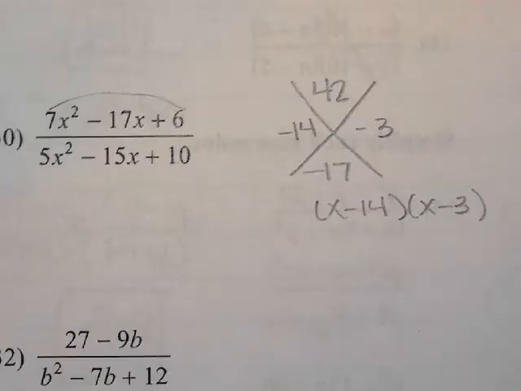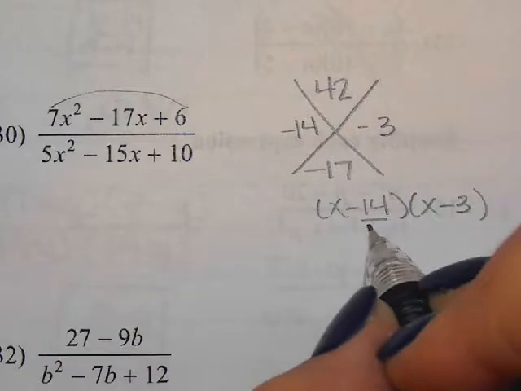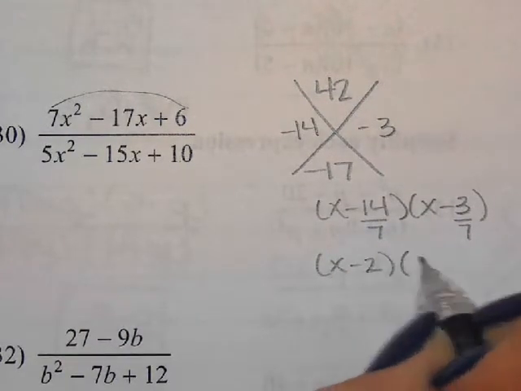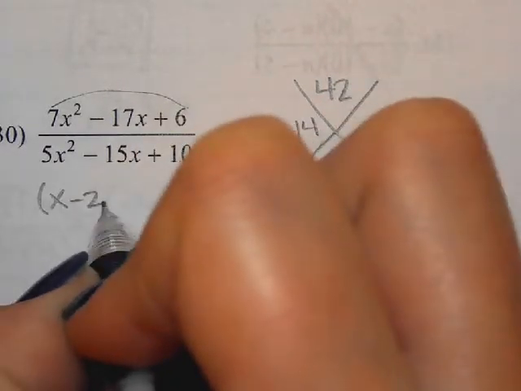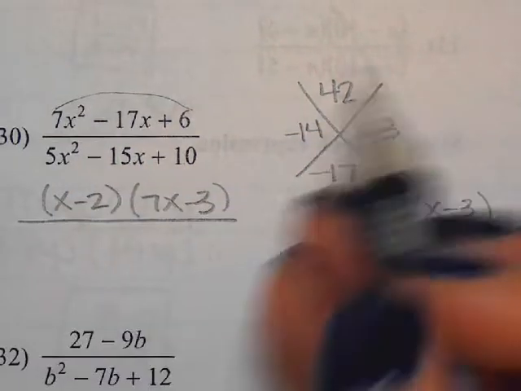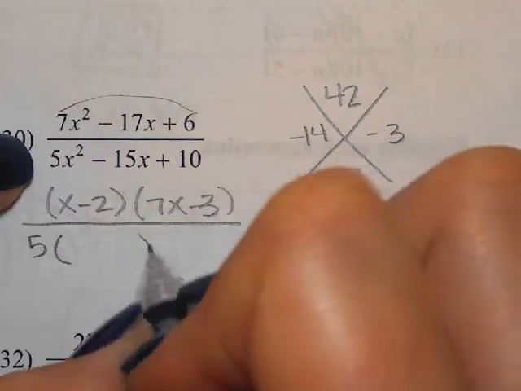Not a 7 in front. You have to divide it by a 7. x minus 2 and 7x minus 3. Okay, so the top is x minus 2, 7x minus 3. On the bottom, you have a GCF of 5, right? Okay.